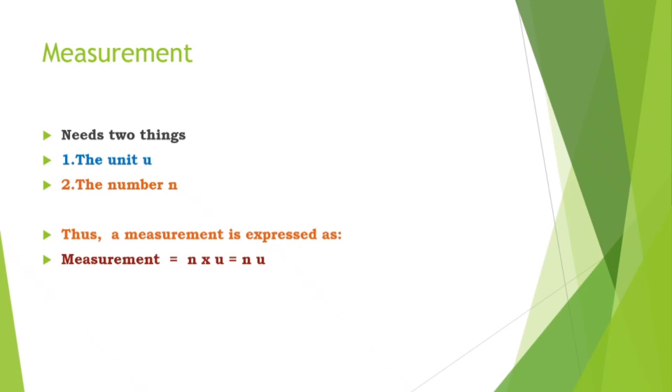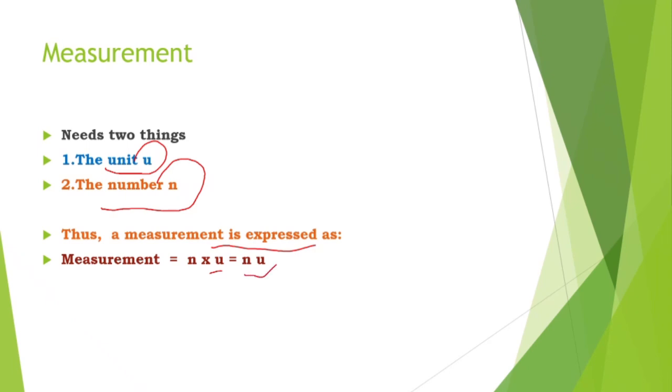Next is what are the two things we need for measurement? We need a unit represented by U and a number represented by N, right? So measurement is expressed in the form of multiplication of number and unit. What will we get? nu, means number and unit.